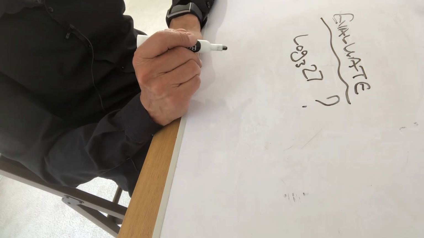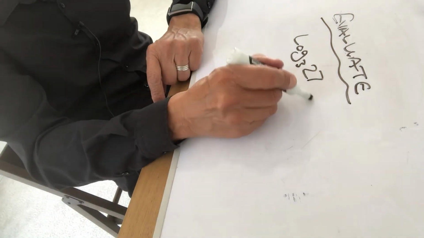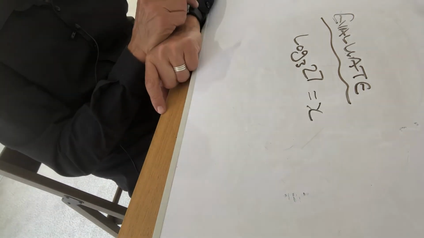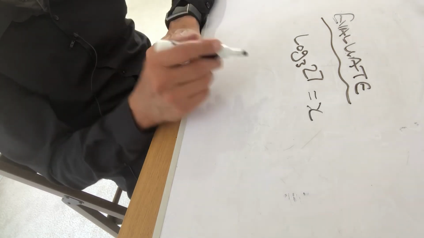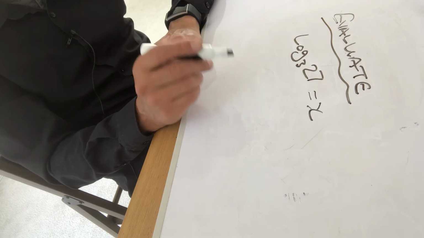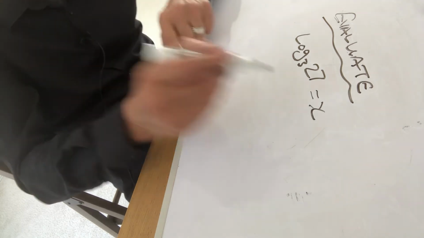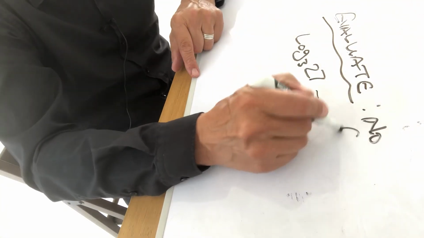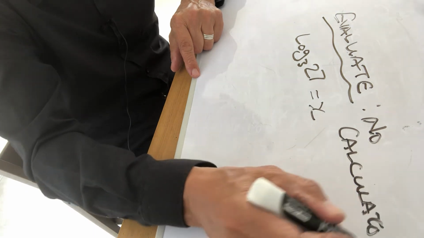Now the very important thing you have to do is to make sure that you postulate it equal to the value of x. Most students don't know this, and most textbooks will not tell you this. This is a really important clue, because then you can redefine the log. And of course we haven't got our calculator. No calculator allowed.